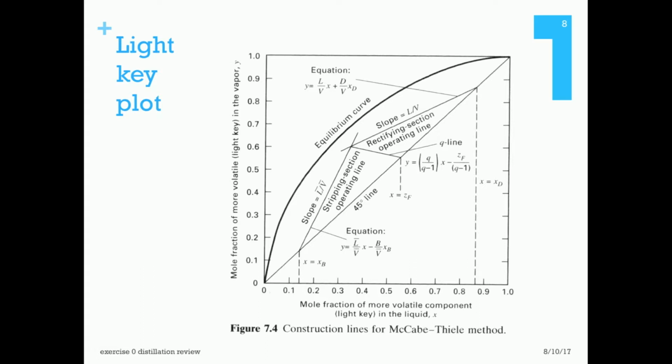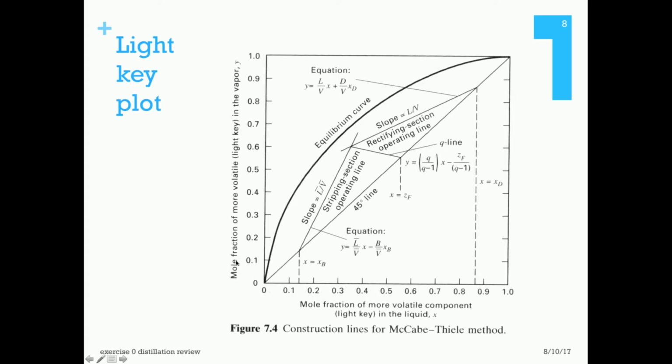This reminds you of the McCabe-Thiele diagram that you've used in separations class before. This is the plot of the light key, and we show the mole fraction of the light key going from 0 to 1. So this is pure heavy key, this is pure light key. This would be appearing in the top of the column, this would be appearing at the bottom of the column.